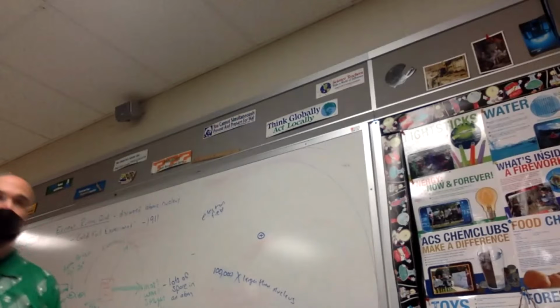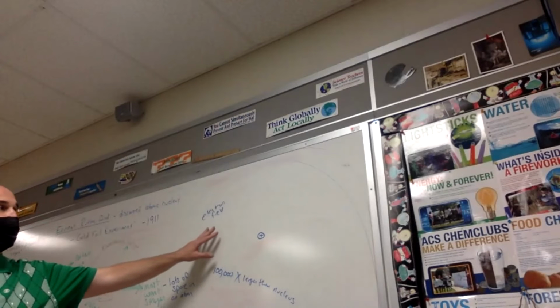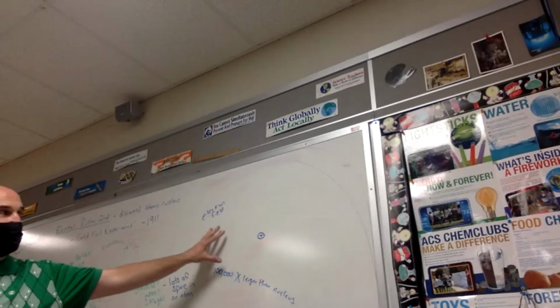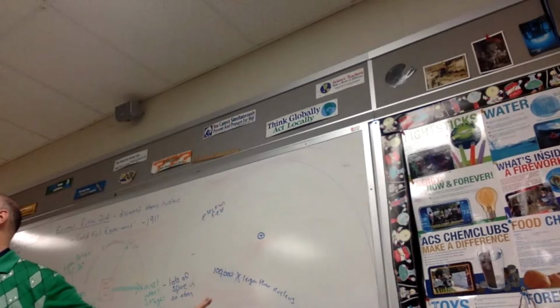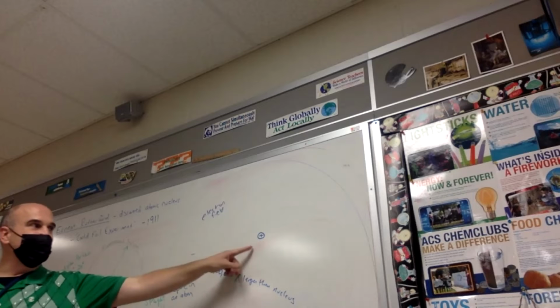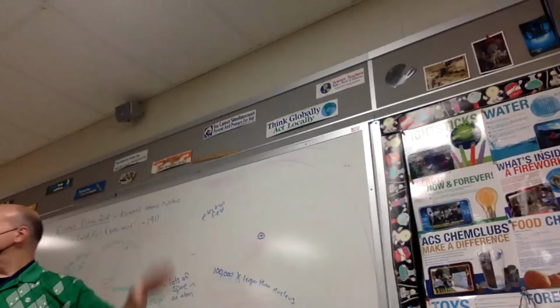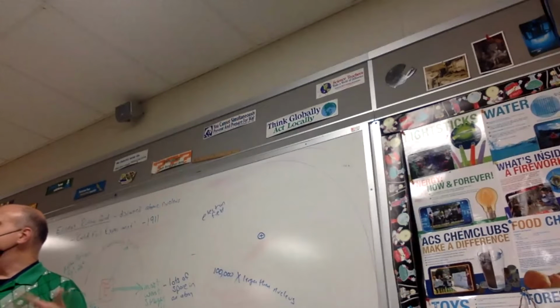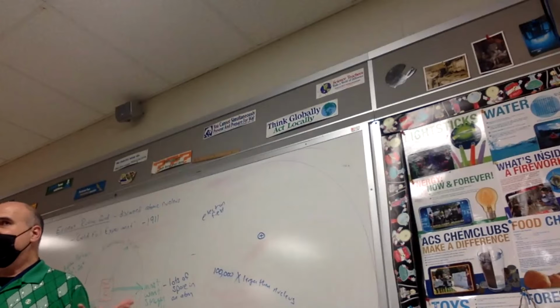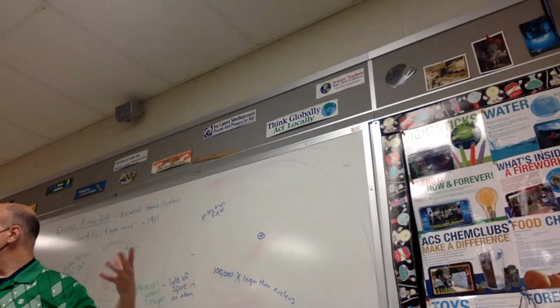So what Bohr is going to do is he's going to say, well, how are the electrons moving around in all this empty space? Because all Rutherford said is, here's a nucleus and out in the space are the electrons. But he had no way of describing how those electrons were staying there.